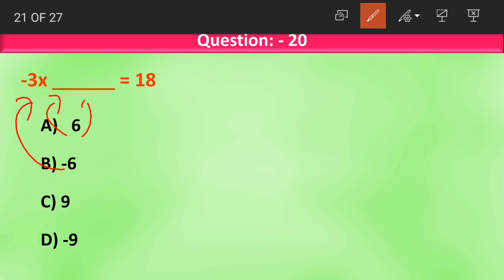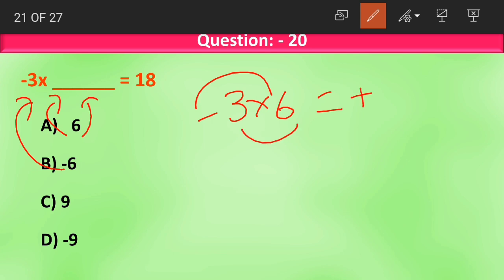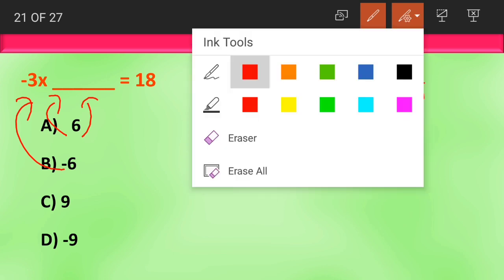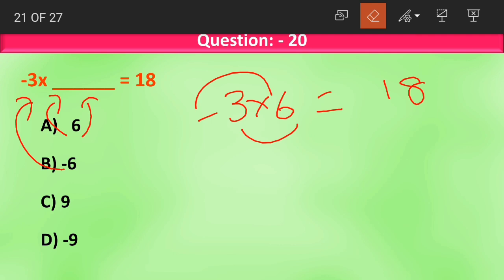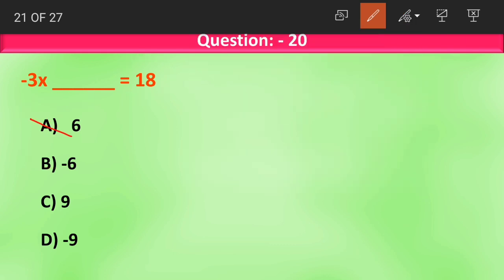Like first I'll put 6 here. Minus 3 into 6 is equal to what? Minus into plus, minus. 3 sixes are 18. But in the given question the answer is 18. So option A is not the correct answer.